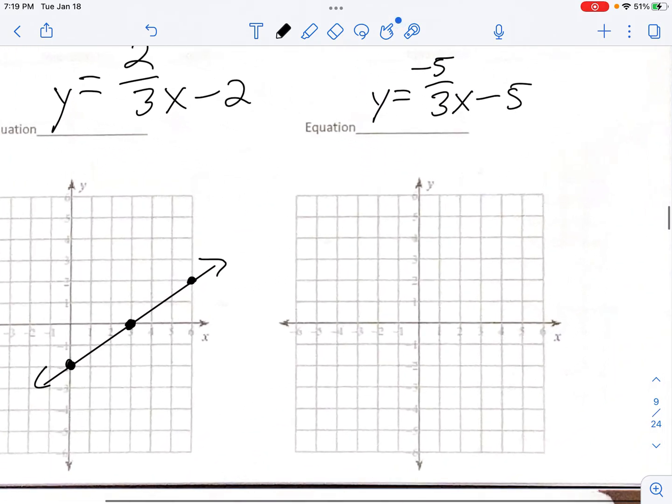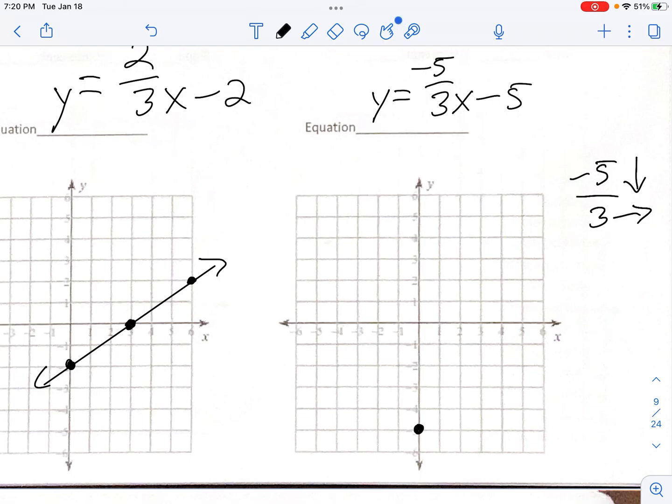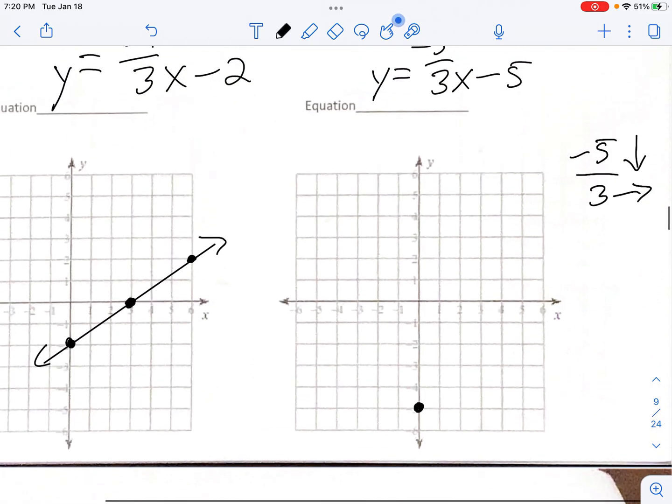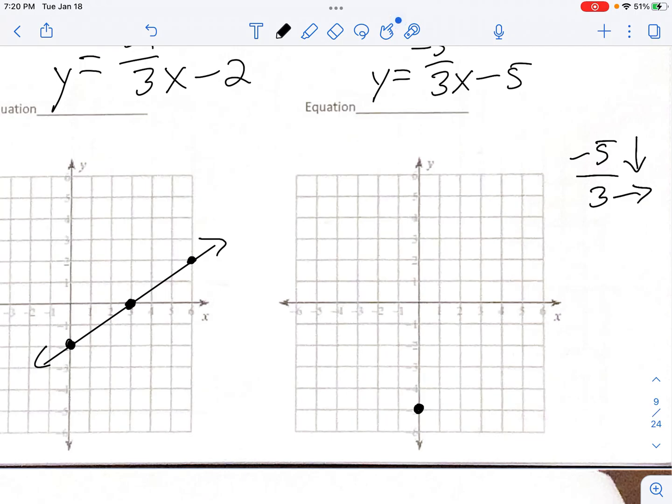Now we plot. So we're going to plot this at negative 5. Now clearly, you cannot go down 5 and right 3, because you're not just going to go off the graph, you're going to go off the graph to the next page. So what we need to do is actually go backwards. We're going to go up 5: 1, 2, 3, 4, 5.